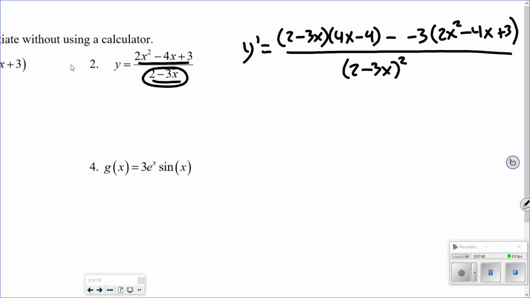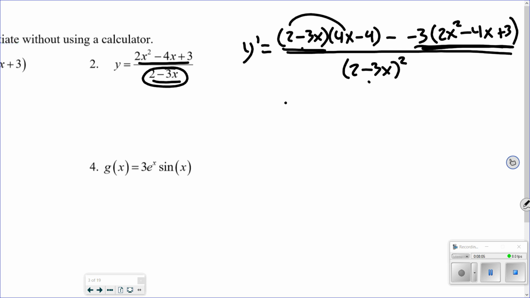We could try simplifying this if we wanted to. That top, we could probably simplify down. One thing to point out, one thing not to do, is do not cancel out that 2 minus 3x and that 2 minus 3x. If you want to cancel out that 2 minus 3x, we have to have a 2 minus 3x over there also, which we don't. So let's multiply out the top real fast just to see what it comes out to.